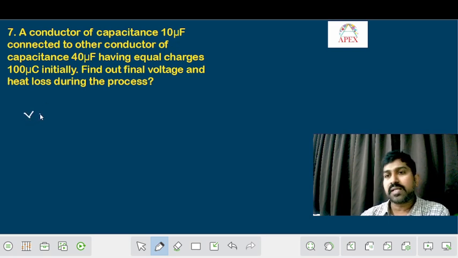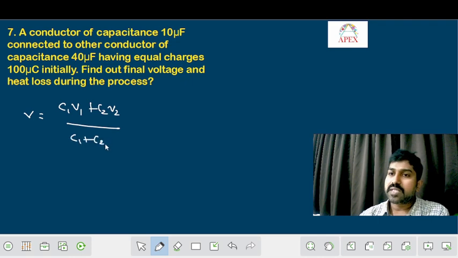Common potential only, no? What is the formula for common potential we derived? That is C1V1 plus C2V2 by C1 plus C2. C1 is given as 10 microfarad, C2 is 40 microfarad. Voltage was not given for the individual ones, but C1V1 represents Q1 only, so it is simply Q1 plus Q2 by C1 plus C2.